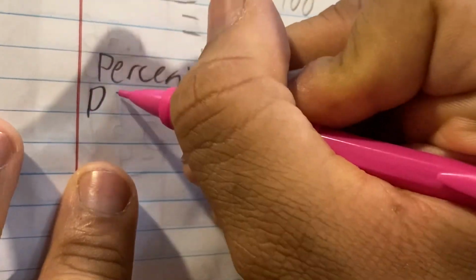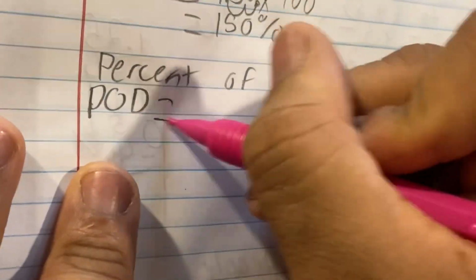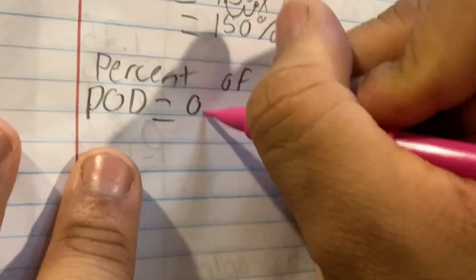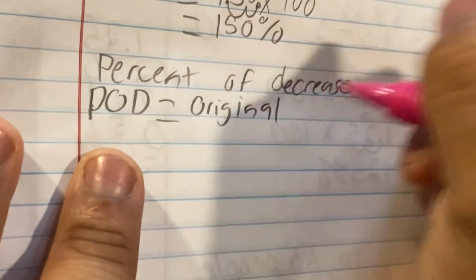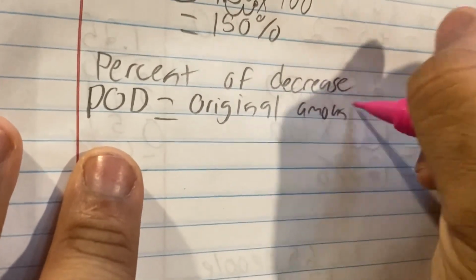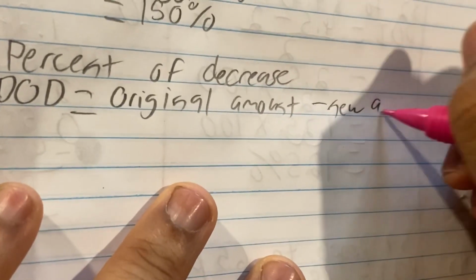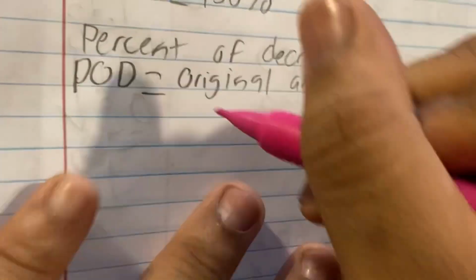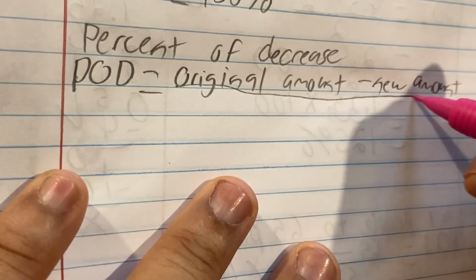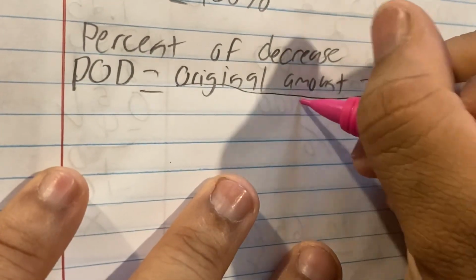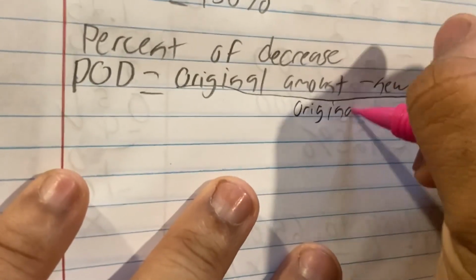So instead of the percent of increase, it's going to be the percent of decrease. And that is going to equal the original amount minus the new amount divided by the original amount again. Very similar.